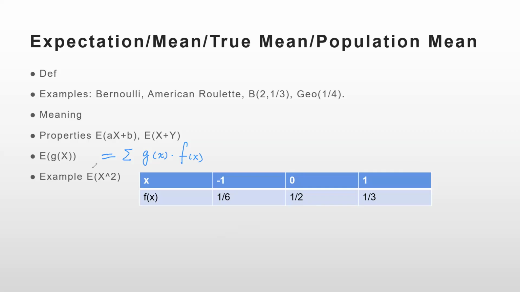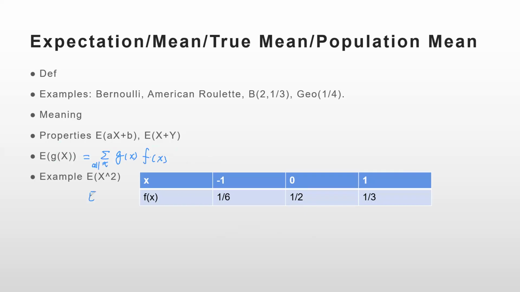In terms of definition, you actually need to figure out the distribution of g(X), consider it as a new random variable Y, get the distribution of Y, and then use the definition of mean for Y. That's more complicated. So I'm just going to treat it as a fact: the summation of g of x times f of x for all x.